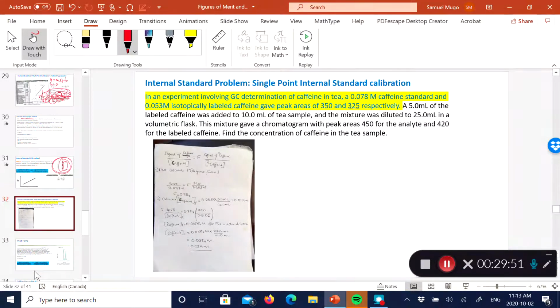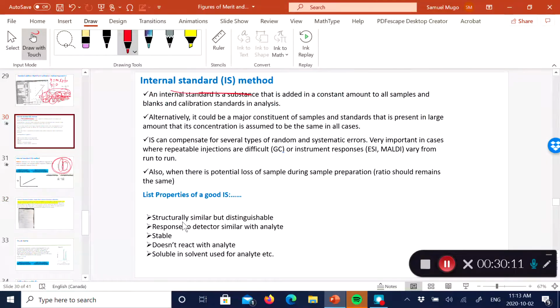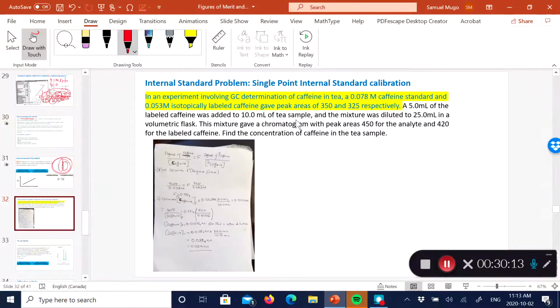Assume you've been asked to analyze caffeine in tea. Okay, and so you prepare a caffeine standard. This is natural caffeine. All right, and then you spike it with an internal standard. Now, the best internal standard that has got all the features that we talked about is typically an isotopic label of that particular compound.